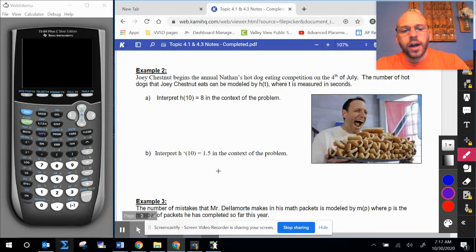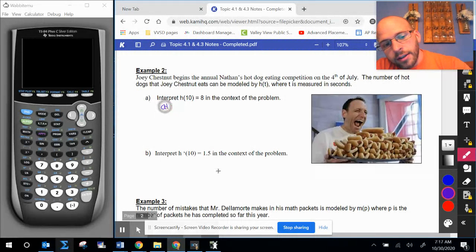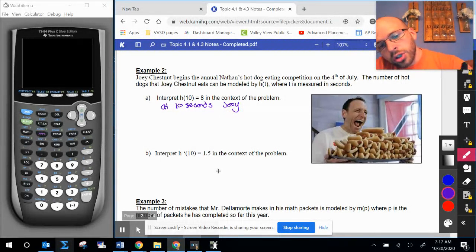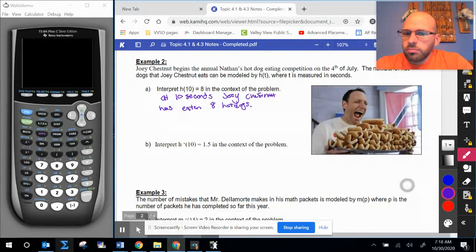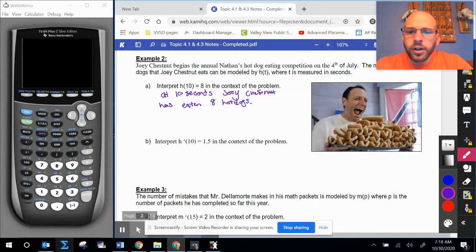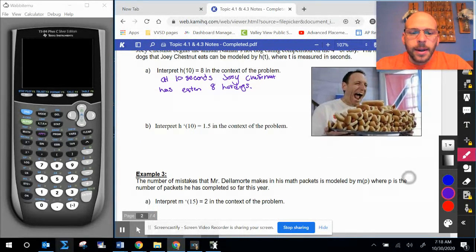If I have h of 10 equals 8, then I can say at 10 seconds, Joey Chestnut has eaten 8 hot dogs. So it's just the input and output of the function.